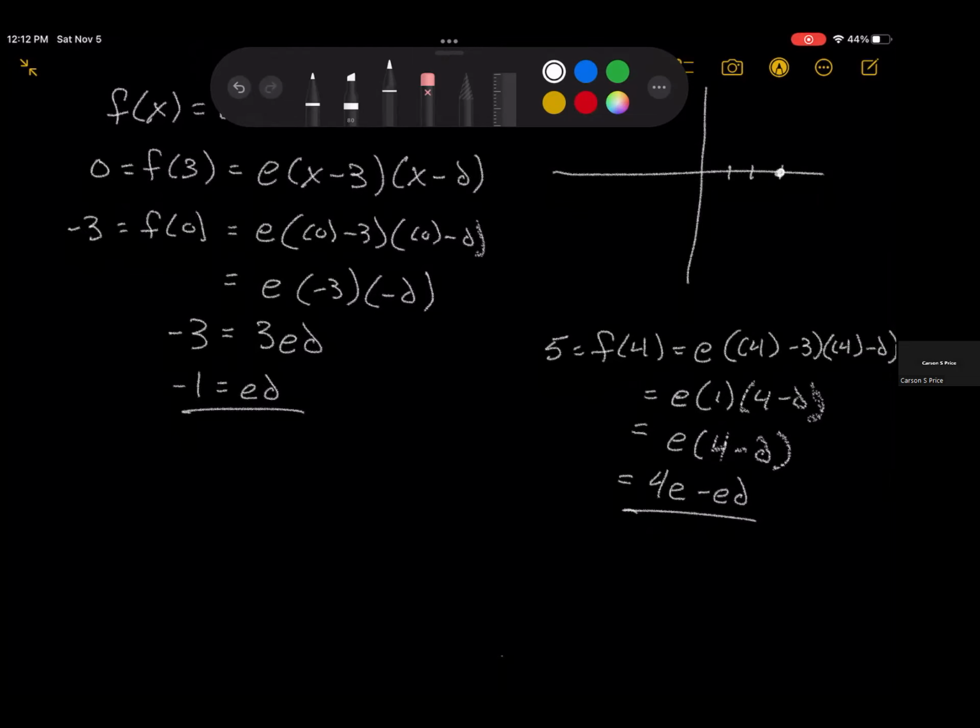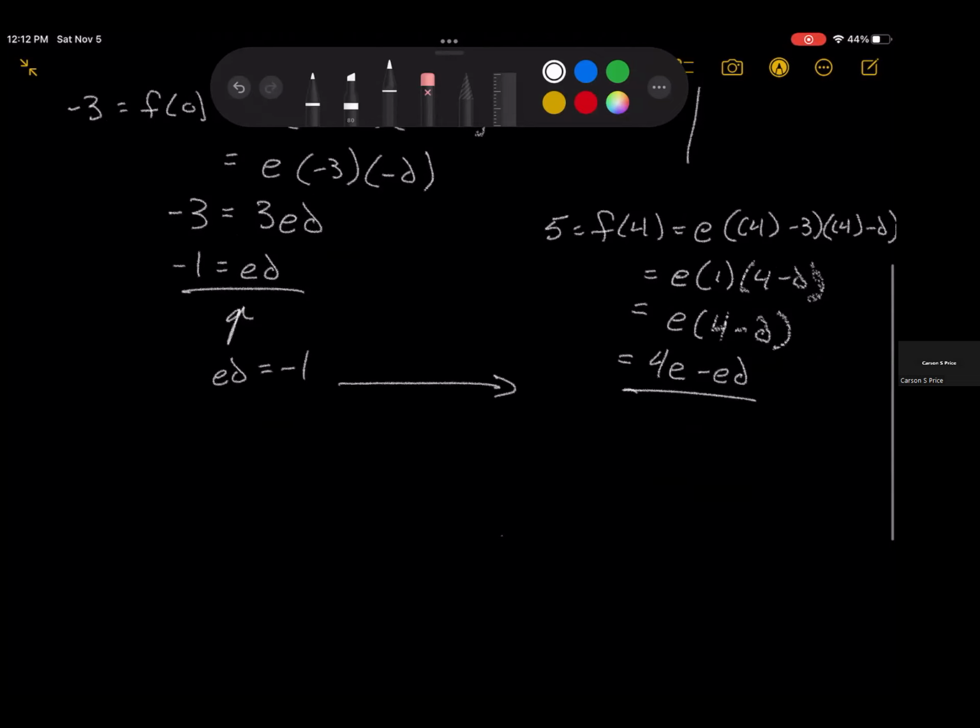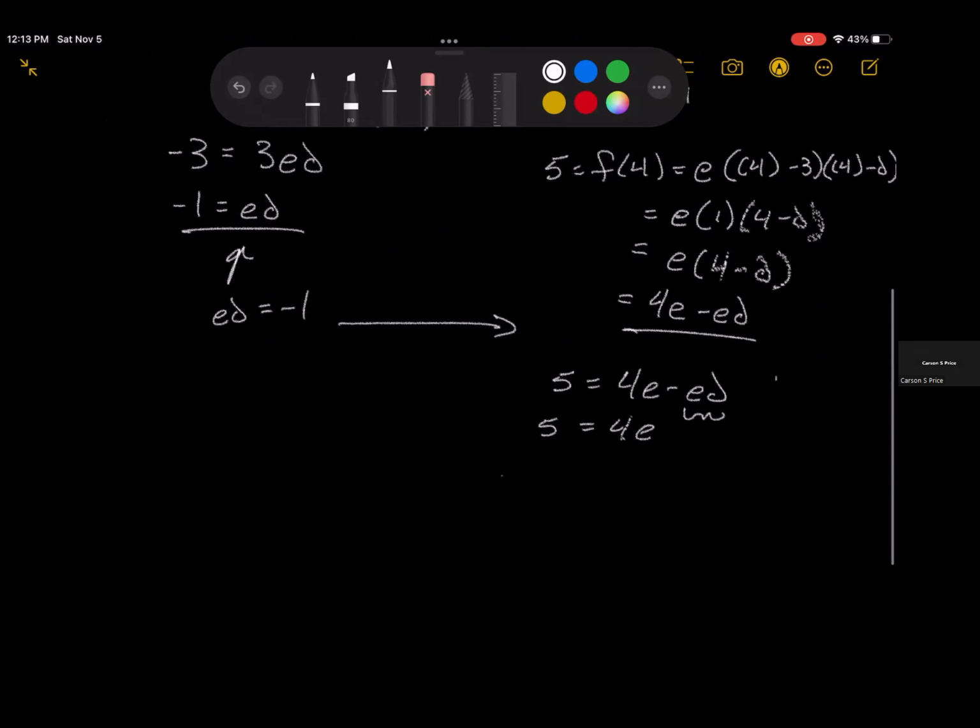But I noticed that there's a relationship, right? I've got two unknowns, e and d, and two equations, one right there and one right there. This first equation tells me that ed is equal to minus 1. If I use that in my second equation, 5 is equal to 4e minus ed, and this ed is equal to minus 1.